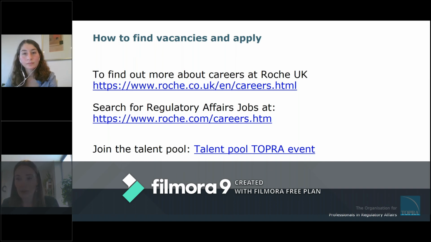We have many levels within documentation that you can aspire to. The initial role in documentation would be the regulatory documentation scientist, which you can then go to senior and then to principal. And then we do have several leadership team members as well. So there's a lot of room in such a large company, I would say, to progress. So that is what my ideal career progression will be.